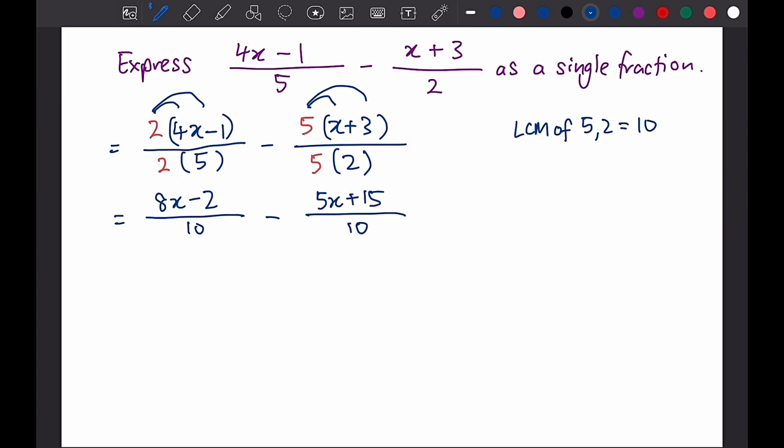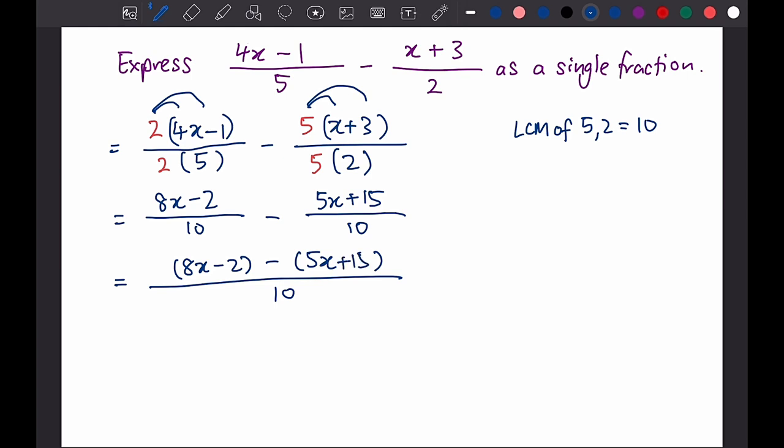All right, and next, because of the minus in between these two fractions, you need to be very careful. So what I will do to be careful is this. I will think of it as the numerators being written like this.